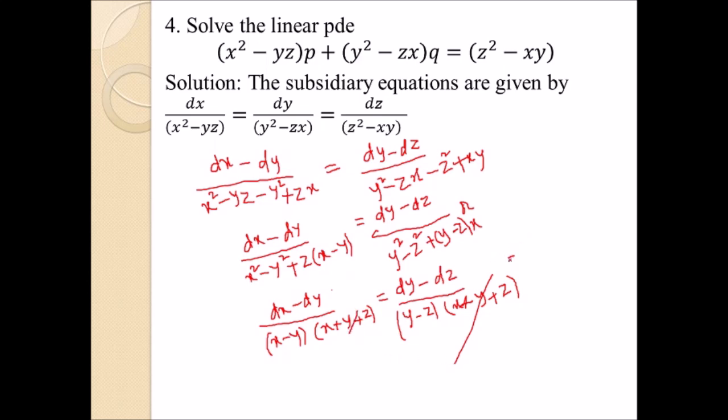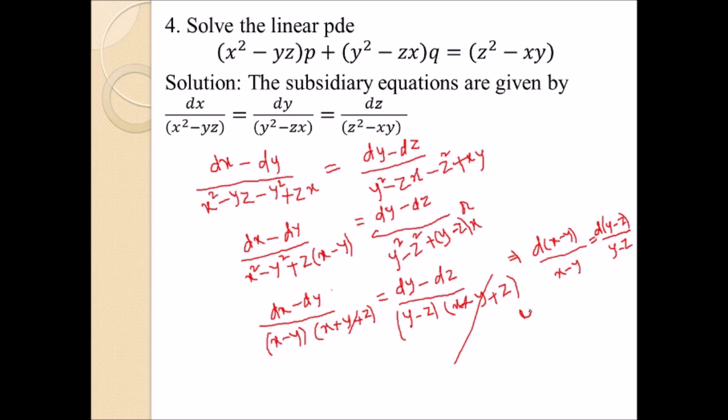This is nothing but d of x minus y by x minus y is equal to d of y minus z by y minus z.